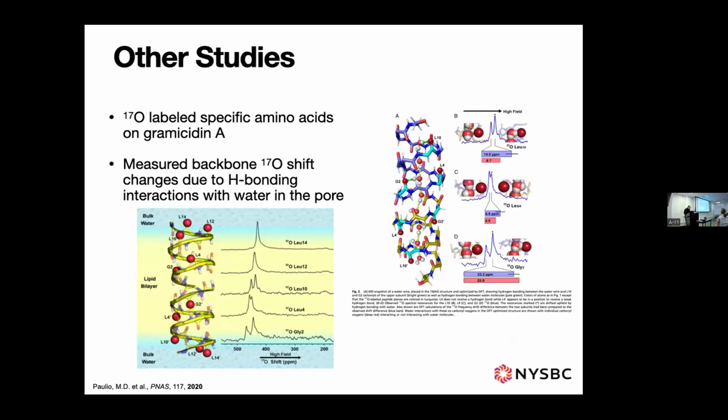Other studies you can do. This is a study recently, in 2020, out of the National High Field Magnet Lab and Tim Cross, where they looked at oxygen-17 interactions with water in gramicidin A, in the transmembrane pore. They selectively labeled the gramicidin in the bilayer with amino acid specific O17, and then took oxygen-17 spectra of each amino acid specific site and looked at multiple different chemical shifts.